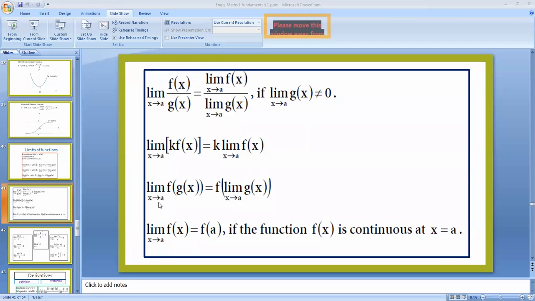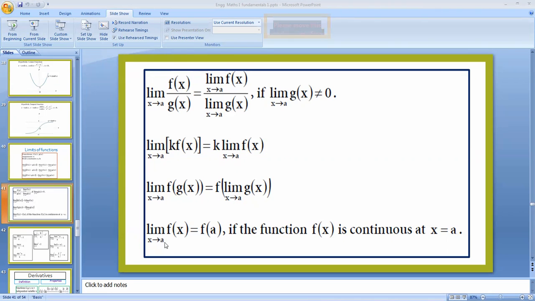We apply the limit to the term of x only. So you have to take outside the limit of g of x as x tends to a. So if there is a composite function, we apply the limit to the term of x only.